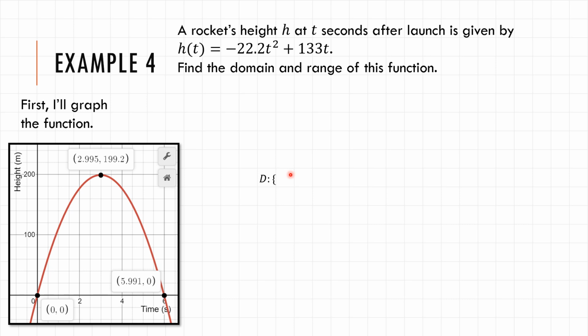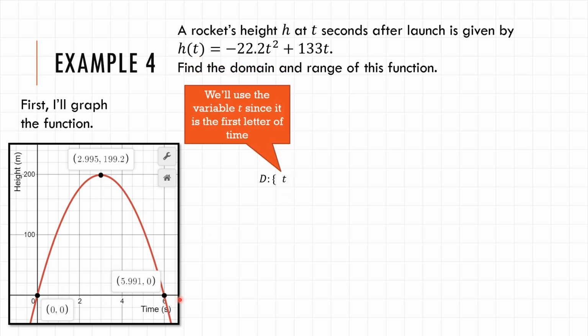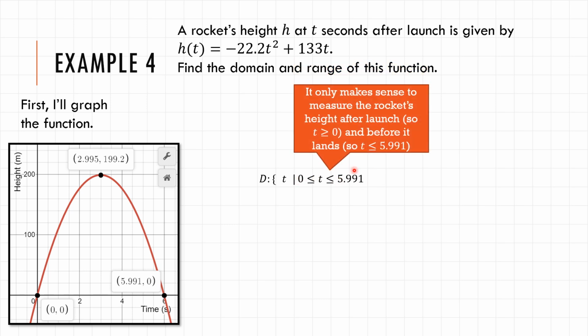Well, for its domain, I'm going to use the variable t, right? Because the axis down here is measuring time in seconds, t seconds, and that's the first letter of time. I'll then add the restriction. So t actually has to, even though we can see the quadratic goes below 0, and to the right of 6 is still below 0, it doesn't really make sense to ask what was the rocket's height at -1 second or at 7 seconds?